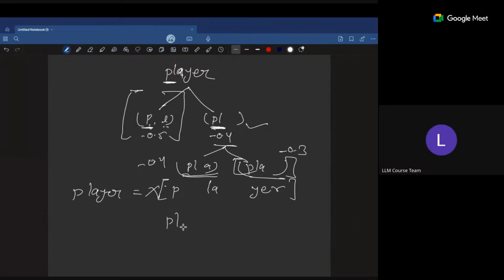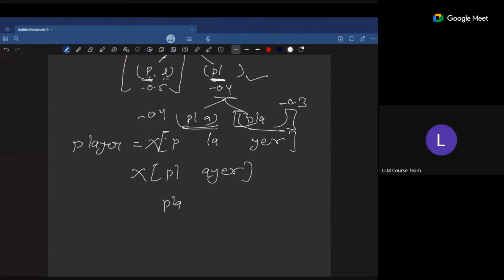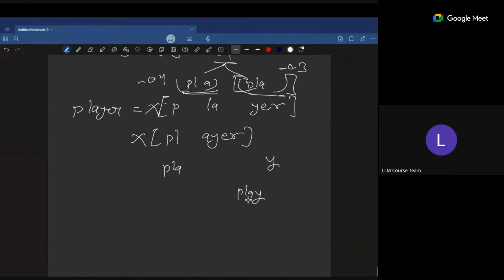So all the possibilities where PL was coming as a separate token, and other letters come after it, it has already discarded. It will only look at candidates starting with at least PLA, right? Again, it will go with PLA and look for the next letter, which is Y. Now it will look at how it can be split. It can be split as PLA and Y as different tokens, and PLAY as a single token, right? So again, it looks at these scores. Let's say now it comes out to be 0.1 here and 0.3 here. In this case, it will discard this and keep this.